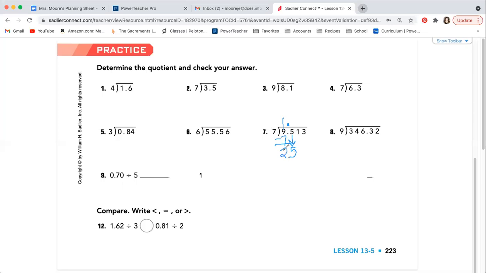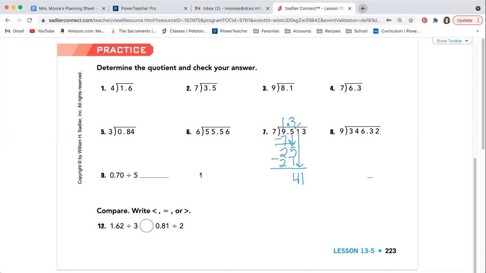7 goes into 25, 3 times. 3 times 7, 21. Take the difference. Grab that next bit of the dividend, pull it down. I like the arrows because there's no mistake about what digit's next, right?